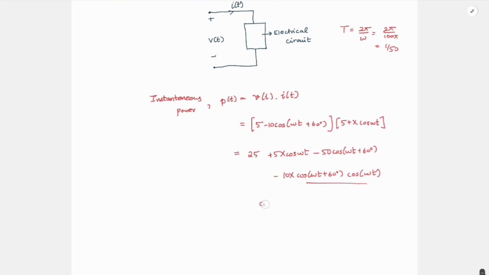Here I can use the cos A cos B formula, which is equal to cos of (A plus B) plus cos of (A minus B), divided by 2. So I'll have cos of (2 omega t plus 60 degree) by 2 plus cos of (A minus B), which will be cos 60 degree by 2.